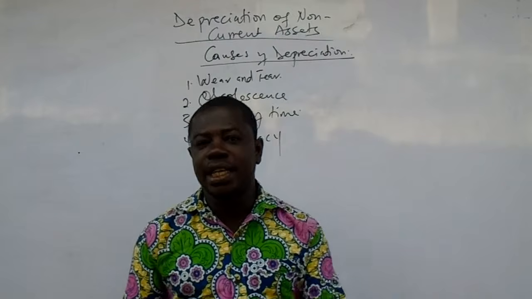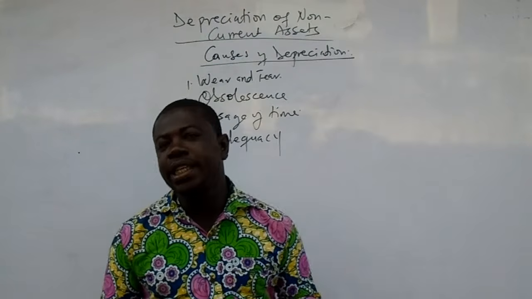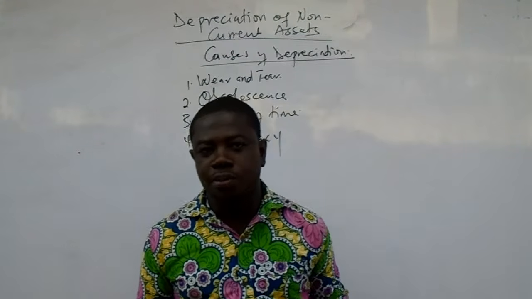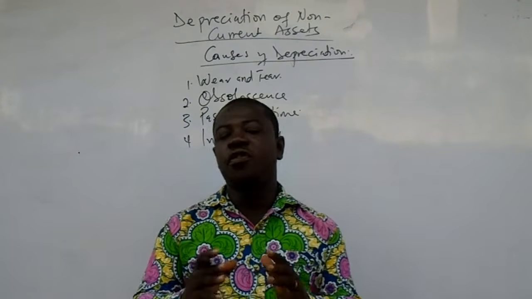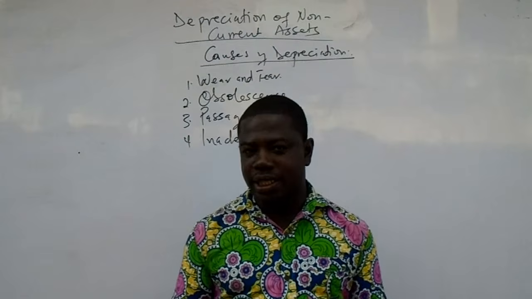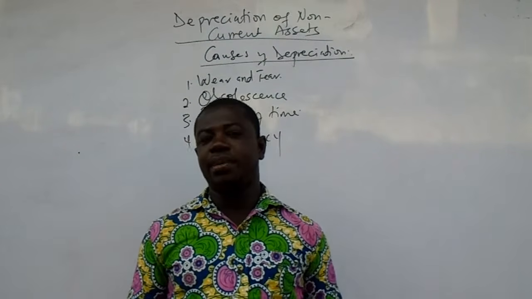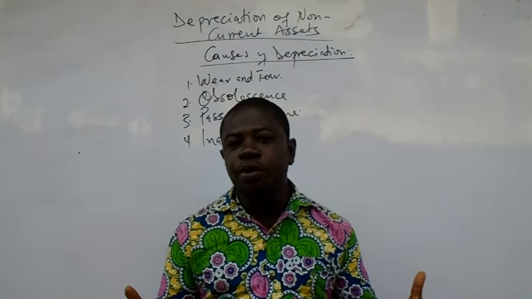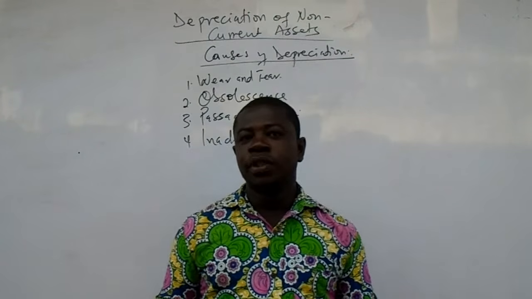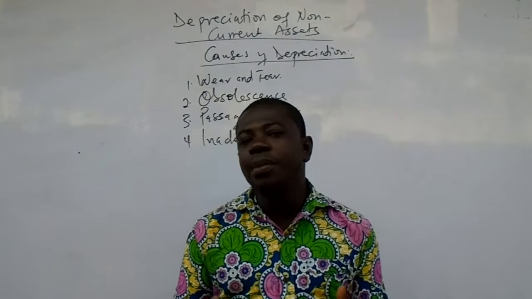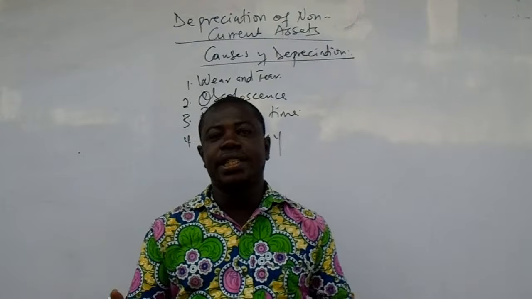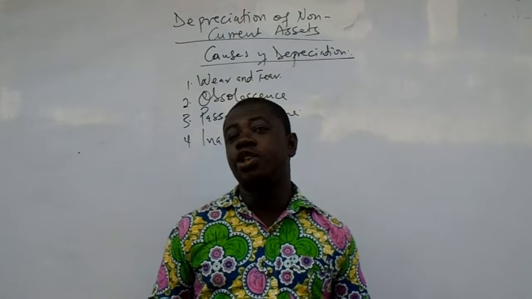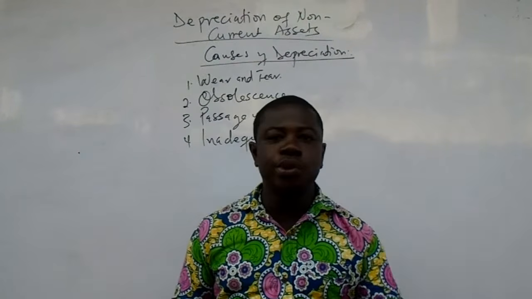Maybe you are using the assets for production, and initially you had demand from customers of about 1,000 units of your product, and the asset could produce that within the same period that they are demanding. But now your marketing department has improved, your demand is increasing, and so you need to maybe produce like 5,000 units within the same period. Meanwhile, the asset or the plant or the machine that you are using cannot cope, cannot produce that 5,000.